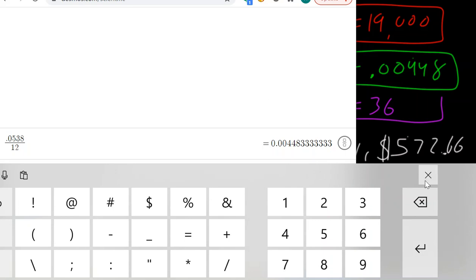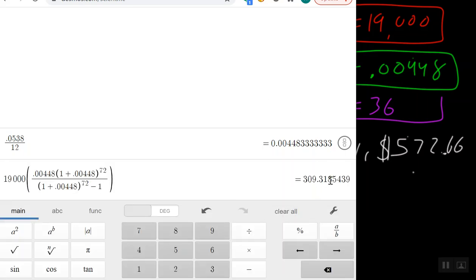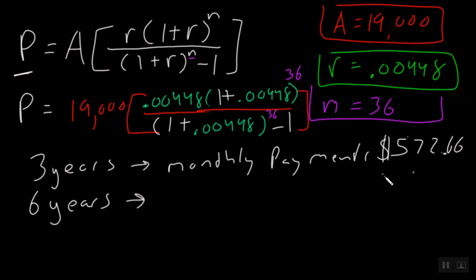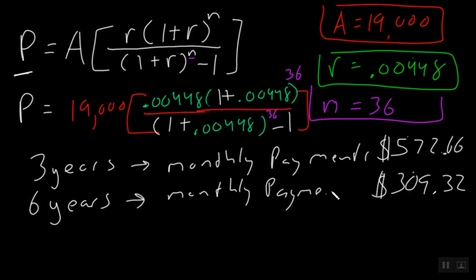Alright, and notice, now I get my new monthly payment, and ask yourself, what does that 8 do to the 1 in the hundreds place? Well, because it's 5 or more, we're going to raise that up, and our answer will be $309.32. And this is going to be our monthly payment if we take out that same loan over 6 years instead of 3 years.